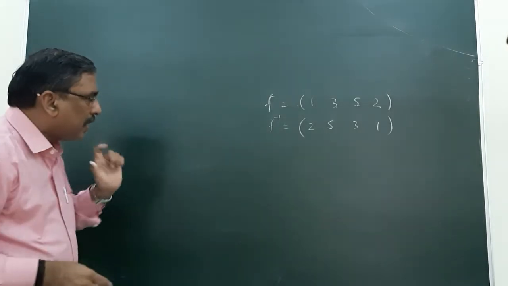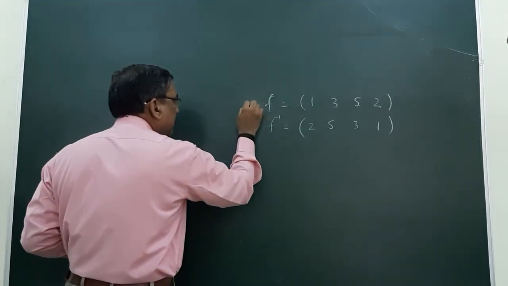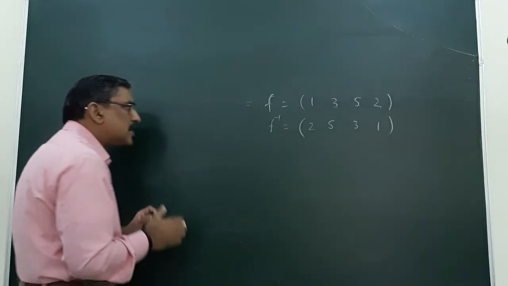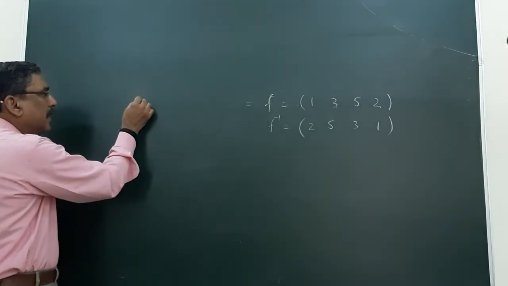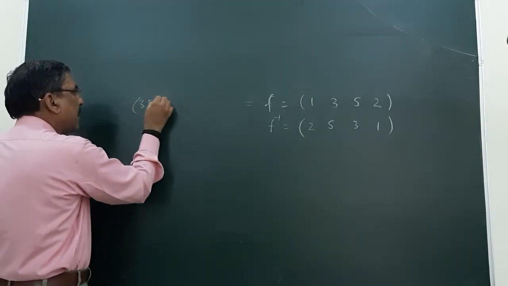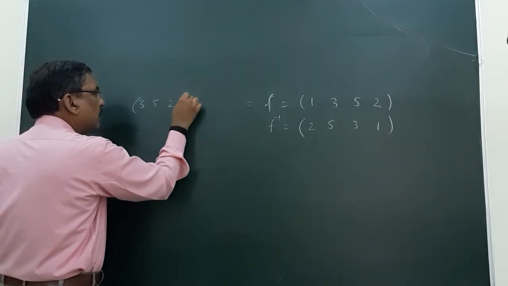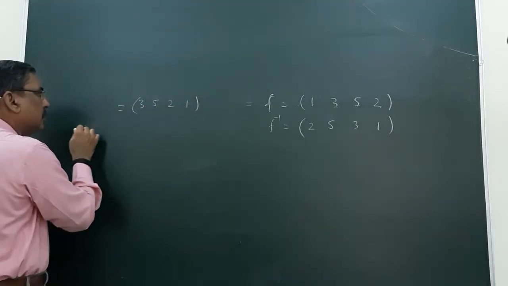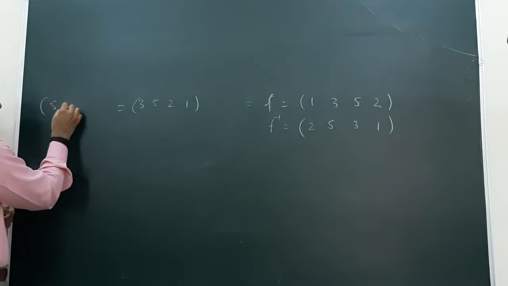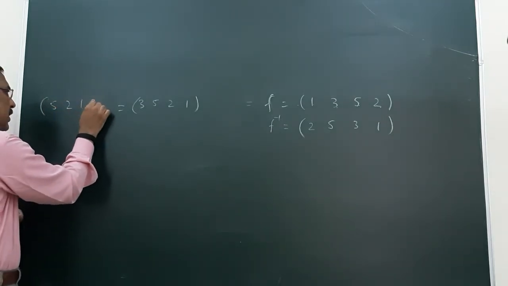A permutation is represented like this. This permutation may also be written as (3 5 2 1), which is equal to (5 2 1 3).